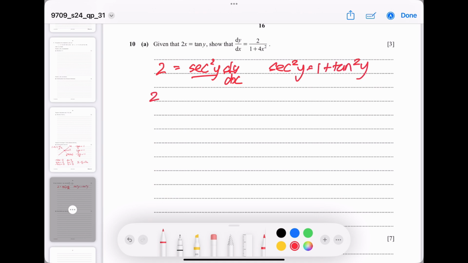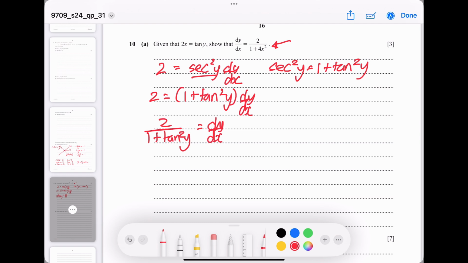So then we've got 2 is equal to 1 plus tan squared y dy dx. So 2 over 1 plus tan squared y is dy dx. Now we notice that everything here is in terms of x.